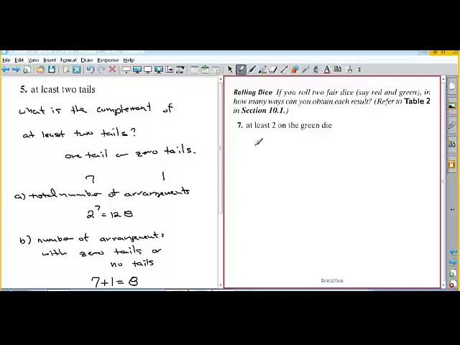So what would be the opposite of at least 2? Yeah, so let's look at it. We already did the total number, so let's do that. That's 36. That was from the fundamental counting principle.